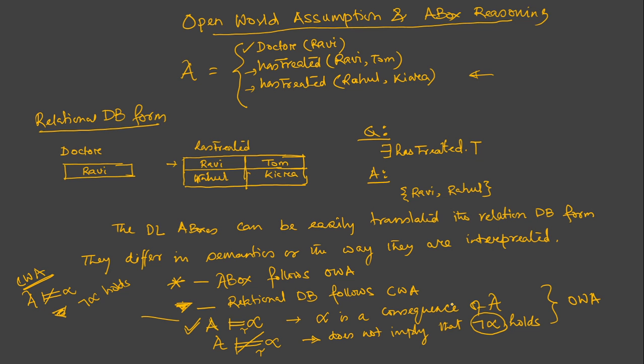Now, if we go back to the example that we started with, here you see Rohit does not appear. Let me write it down properly. This is Rahul.